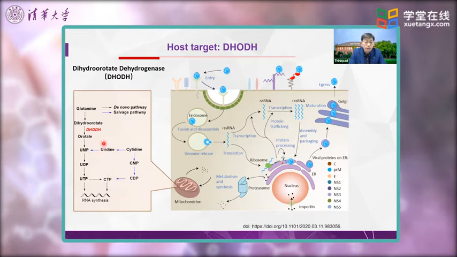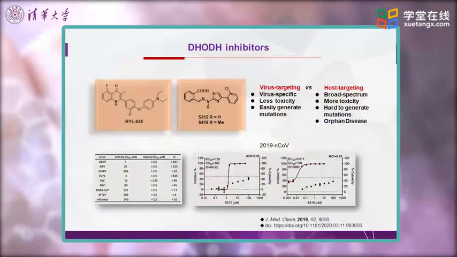Therefore, if we can stop the activity of DHODH, that means theoretically we can block the virus RNA synthesis. DHODH lies inside the mitochondria.